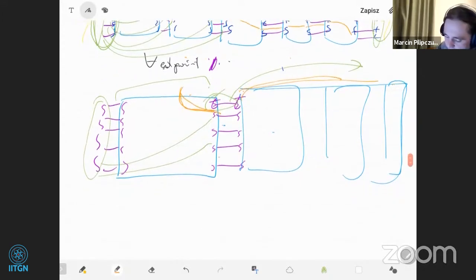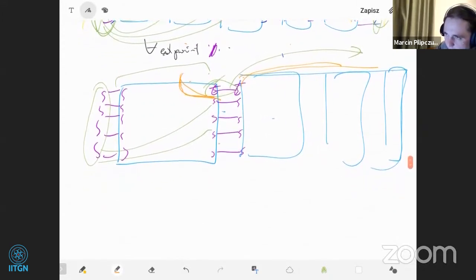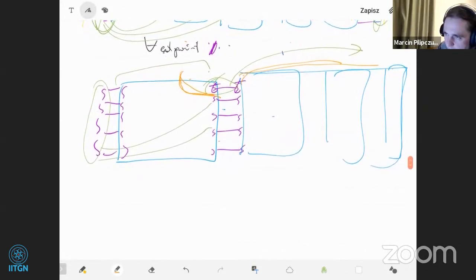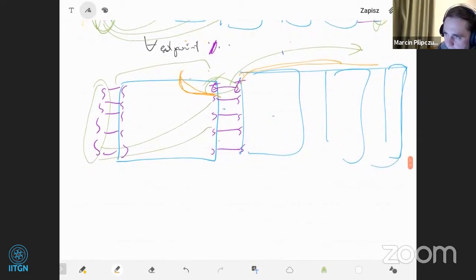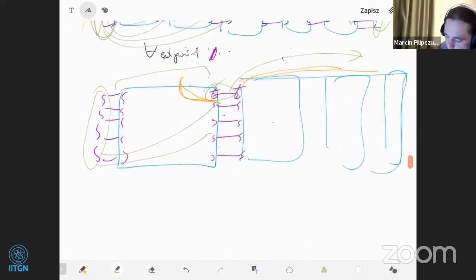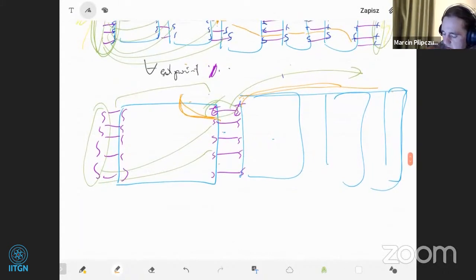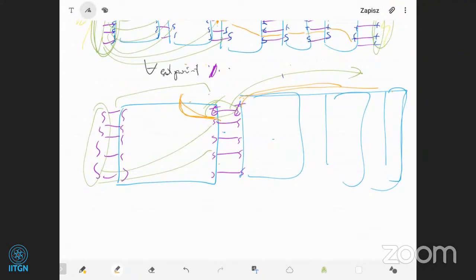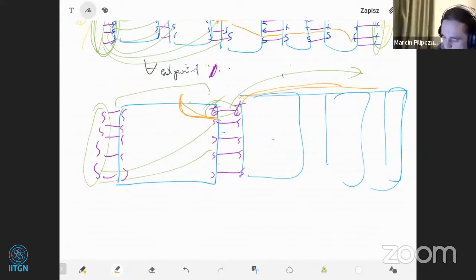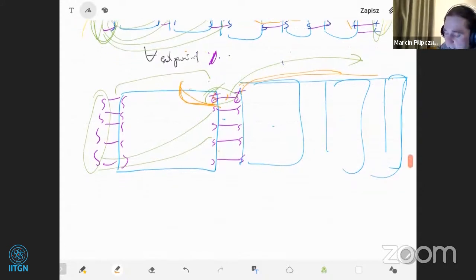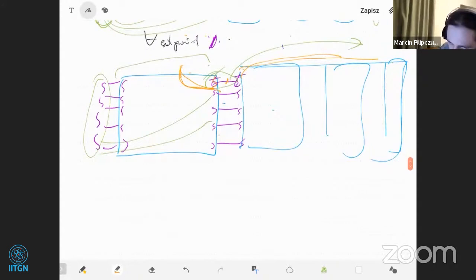Another thing: if the picture is like that, then my budget gets split. Maybe this is actually on the S side and this edge is cut, so I know something about my solution. So this is one budget. Another thing that may happen is that everything lives in the first bundle.